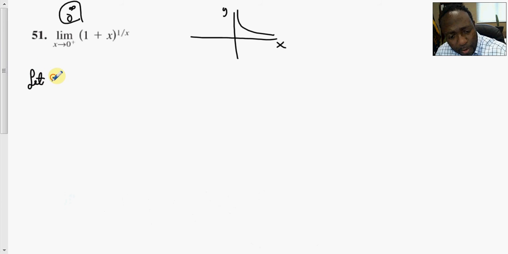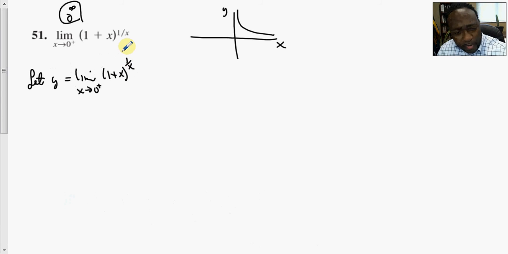So same argument from before. Let y equal the limit as x goes to 0 from the right of 1 plus x to the 1 over x. Take the natural log of both sides without loss of generality.